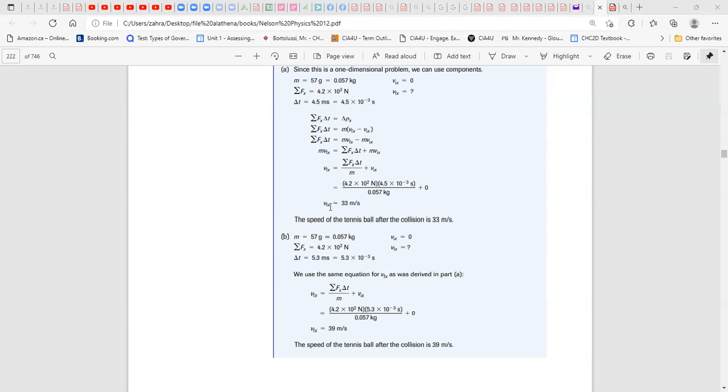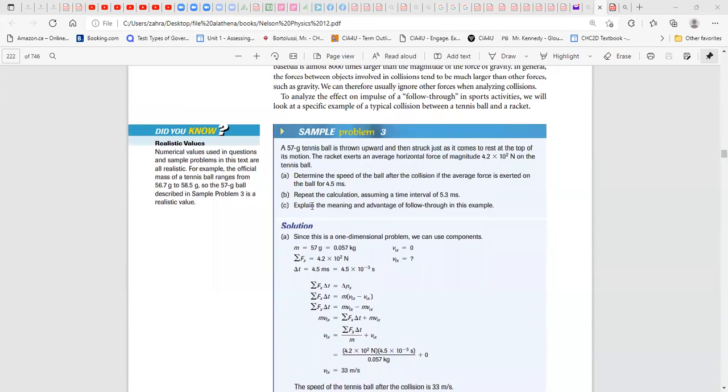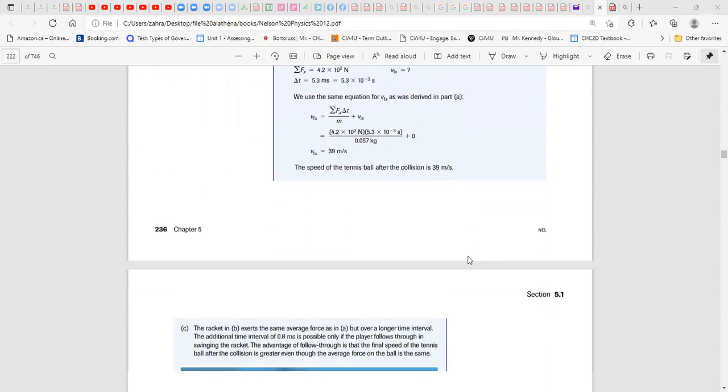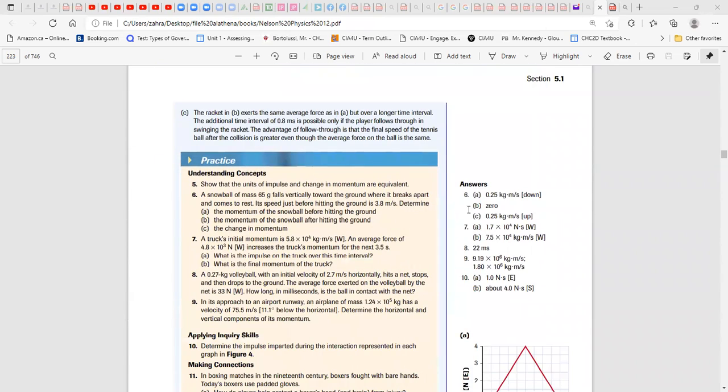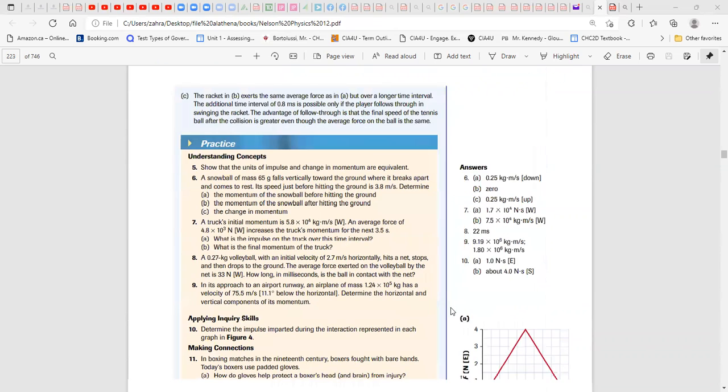We just put the numbers in and v initial will be given. Then take the question assuming the time interval is different, and you do the same thing with a different time. And that's it. You can do questions 6, 7, 8, 9, and 10 as practice.